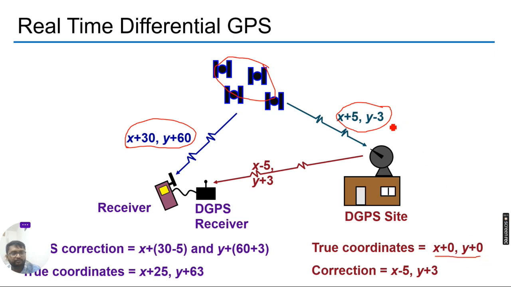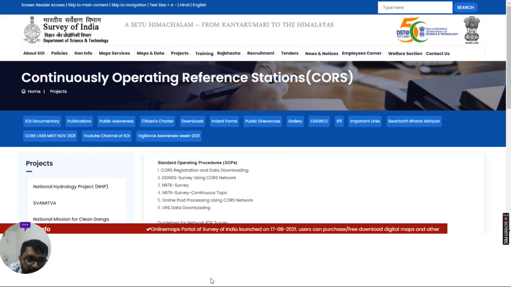So this plus 5 and minus 3 are terms because of the error. So we have to remove plus 5 and we have to add plus 3 to make it x plus 0, y plus 0. So that error which we got, delta x, which is minus 5 and plus 3, we will add over here into these two. So 30 minus 5 and 60 plus 3. So we get the final reading as x plus 25 and y plus 63, which will give us the actual coordinates of the receiver after the correction.